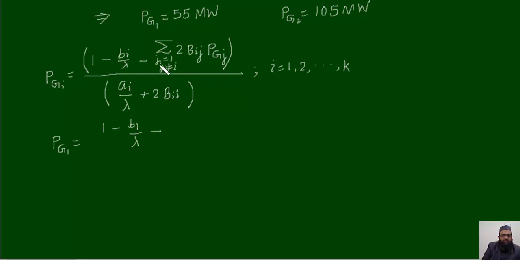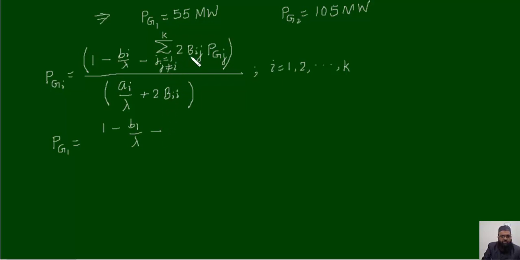We have just a two plant system, so i is 1 here, j should not be equal to i, so j will not be equal to 1 for Pg1, so j will be 2, and this runs from 1 to K, where K is the number of plants, so here K is 2.